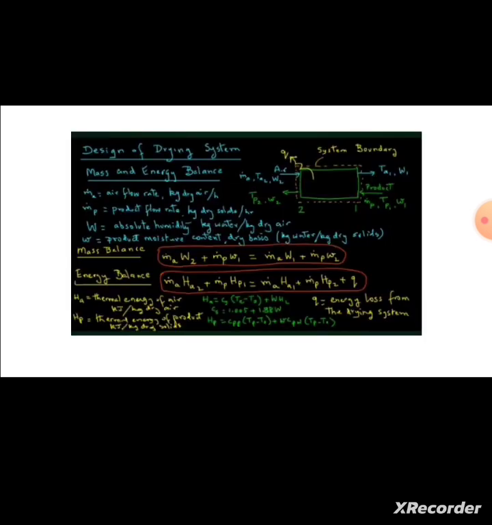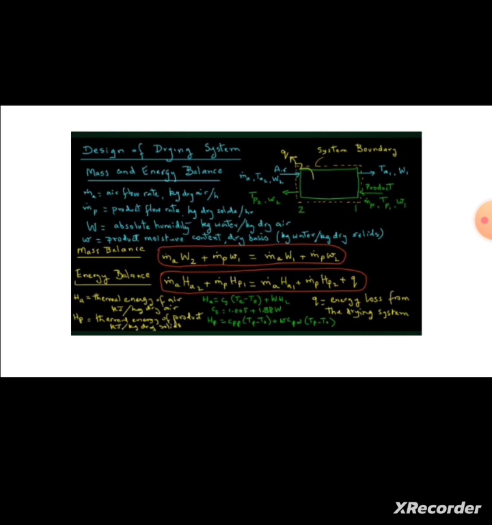To design a dryer system, we need to know mass and energy equations. As we have seen in the earlier session, the drying phenomenon is nothing but a heat and mass transfer principle. So whatever energy comes in will go out.